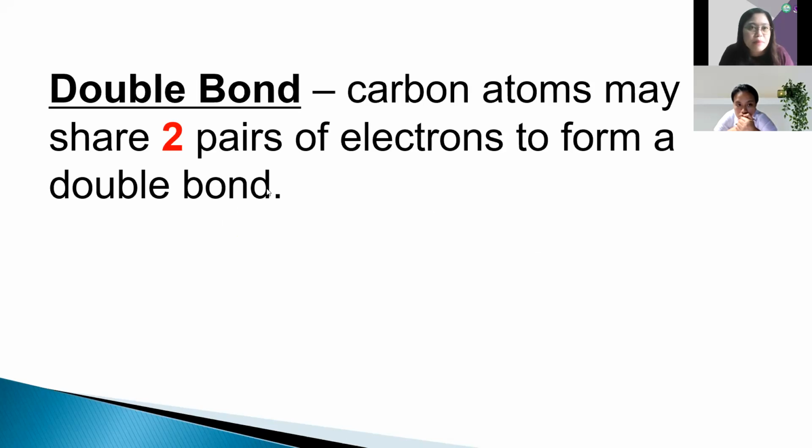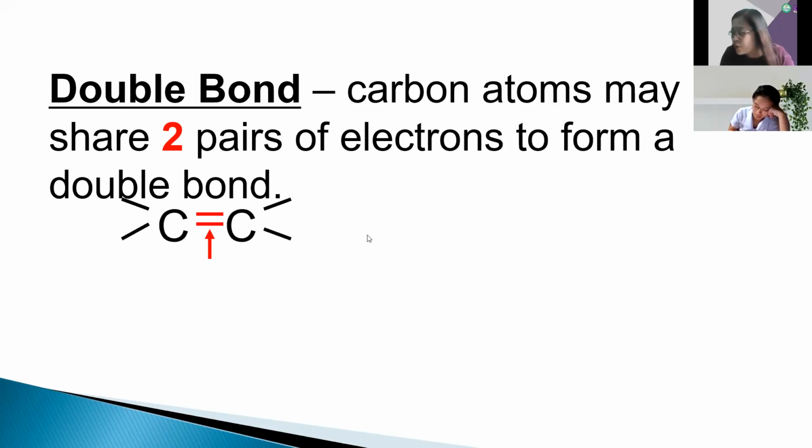But kailan mabubuo yung ating double bond na tinatawag? Kapag we are going to share 2 pairs of electrons. So just like this one here, yung nakapula, that is represented also by 2 lines kapag double bonds. And again, 2 pairs of electrons ang ma-share to form the double bond. So just like this one, again, we have 4 electrons for carbon.